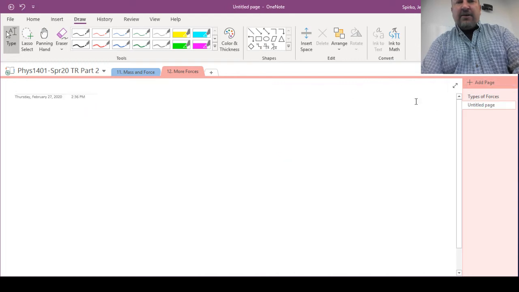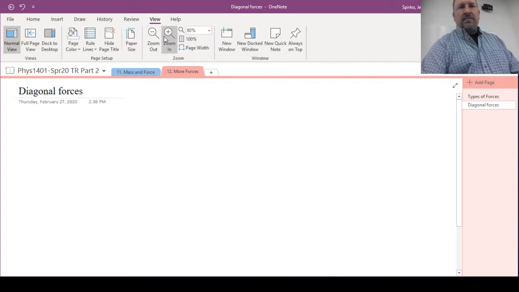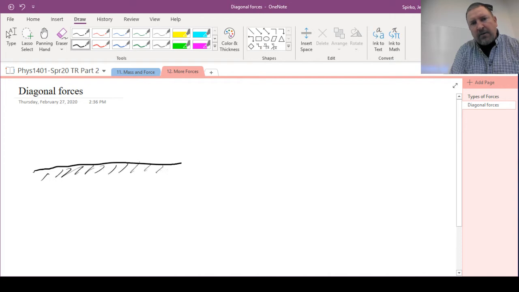So let's see how we deal with diagonal forces. So let's take this thing here. There's a floor. Here's an MT. And we'll go with force of pulling is equal to 30 newtons.